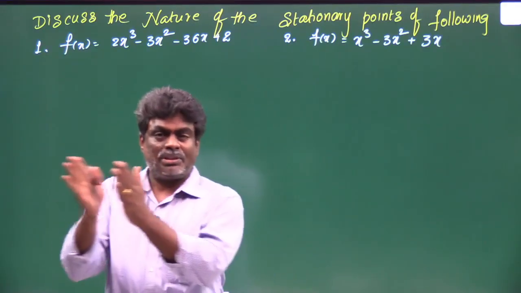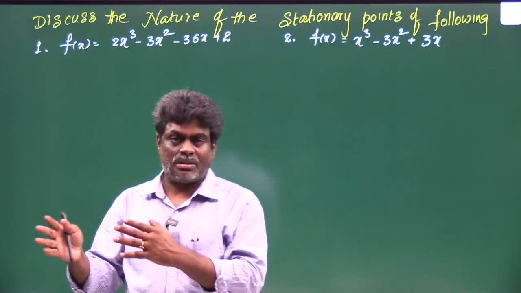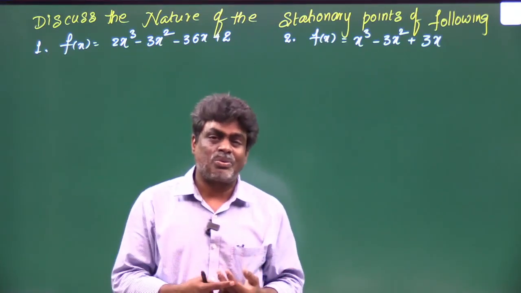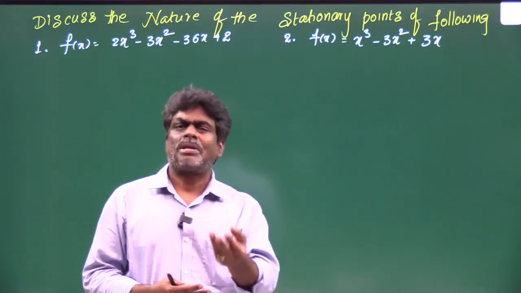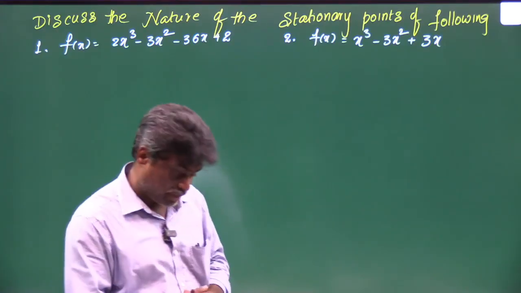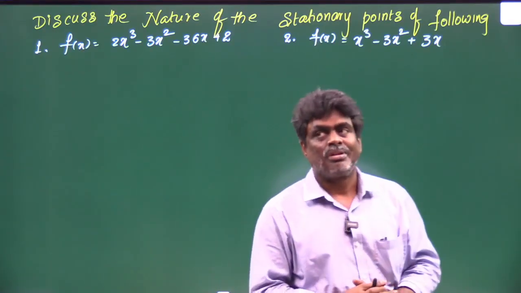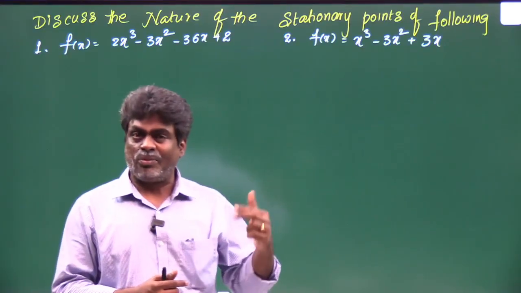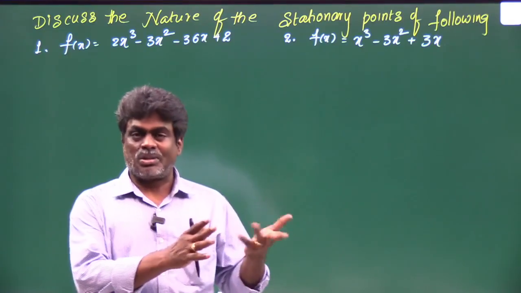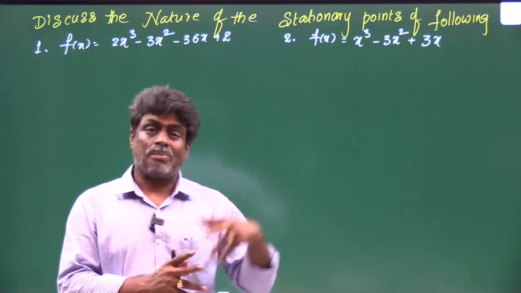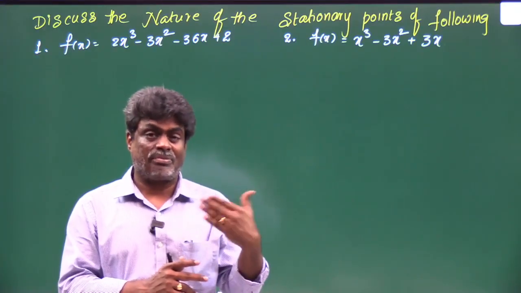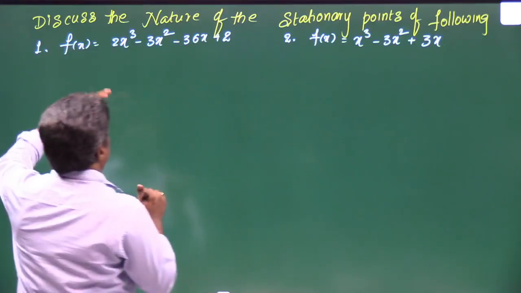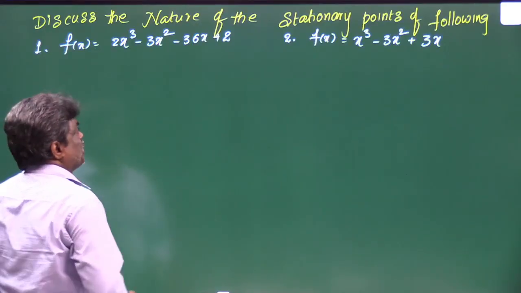For a quadratic equation ax² + bx + c = 0, how many roots will you get? 2 roots, (−b ± √(b² − 4ac))/2a. So if an nth order polynomial is there, its derivative will be of order n − 1, so n − 1 stationary points are possible. Maxima, minima, point of inflection, that is a different story. So here we are going to discuss the nature of stationary points.